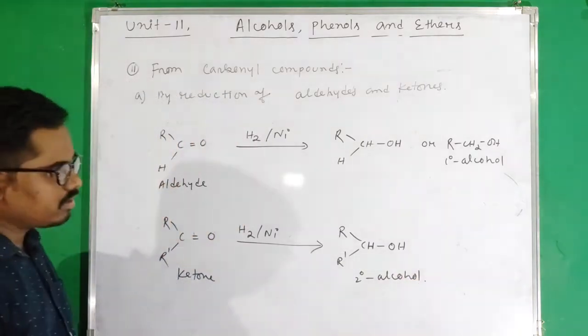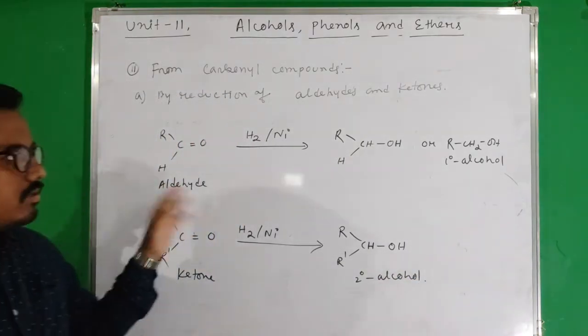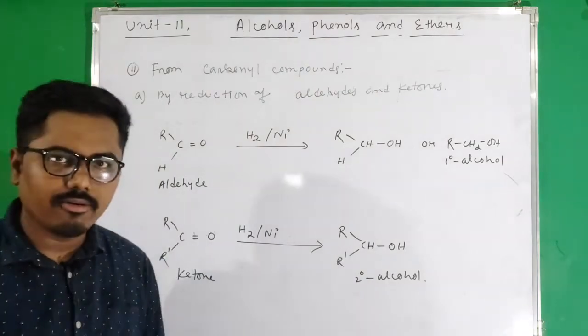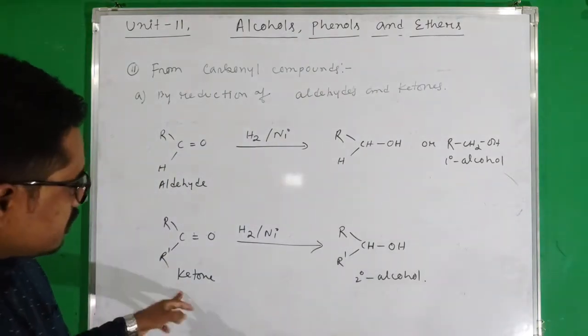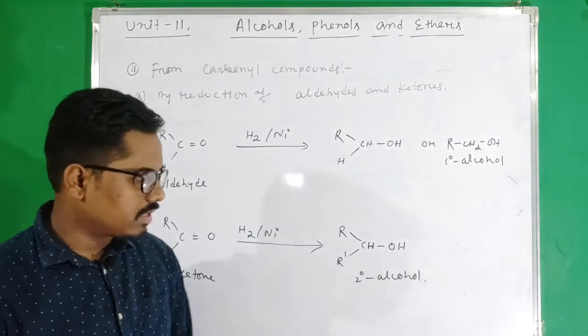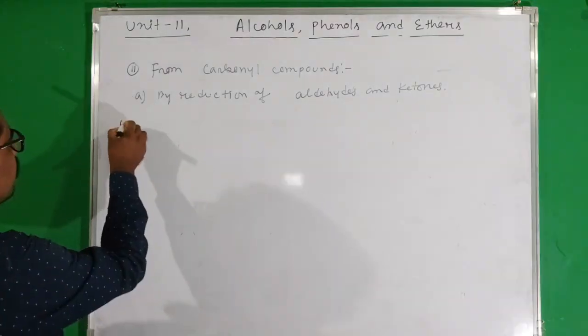So always remember that when aldehydes are reduced, they will give primary alcohols, and when ketones are reduced, then they will give secondary alcohols.